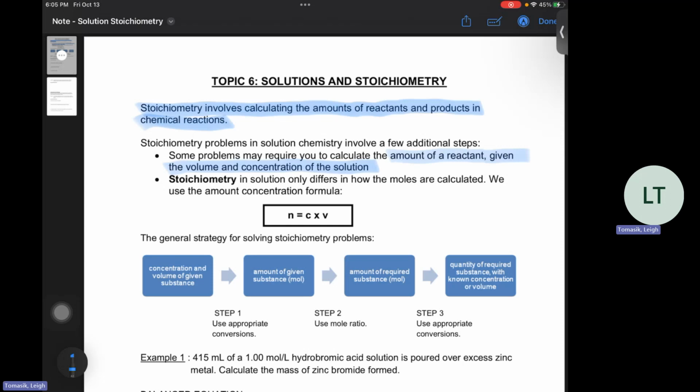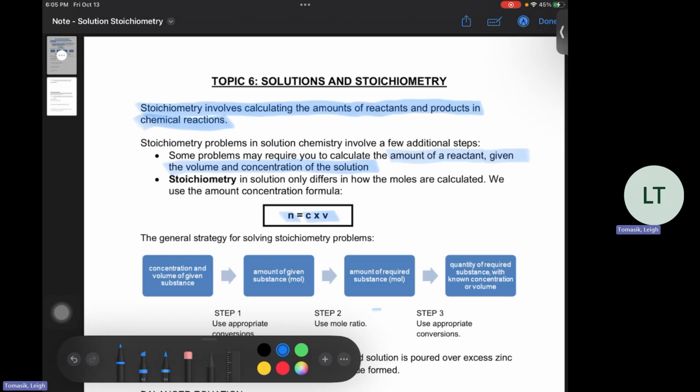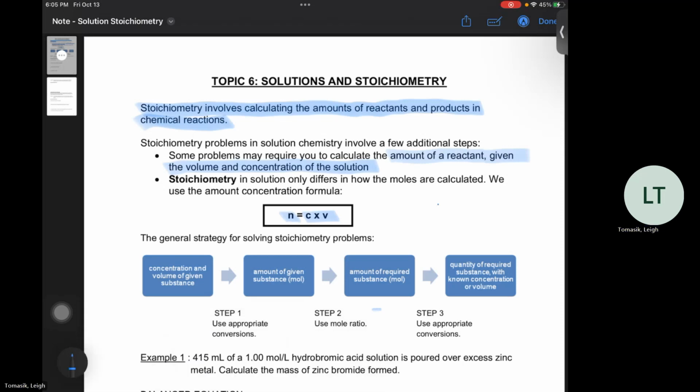So we can go from concentration and volume to amount, meaning moles, right? And as you recall, moles are what we need in order to go from one reactant or product in a chemical equation to another one.